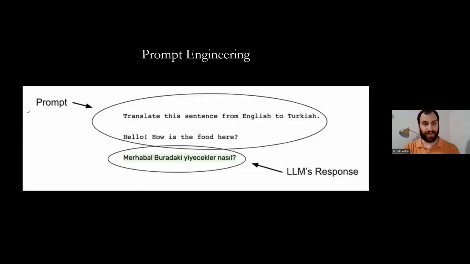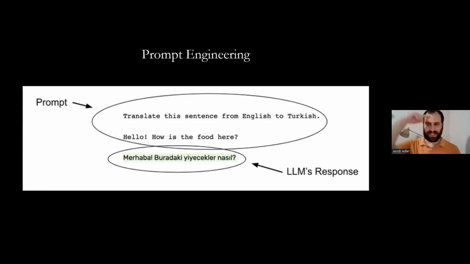And part and parcel with that is this concept of what's called prompt engineering. Prompt engineering is a new and very fascinating study that is essentially all about how to talk to these generative systems, how to input directions in a way that's going to give you the best results.